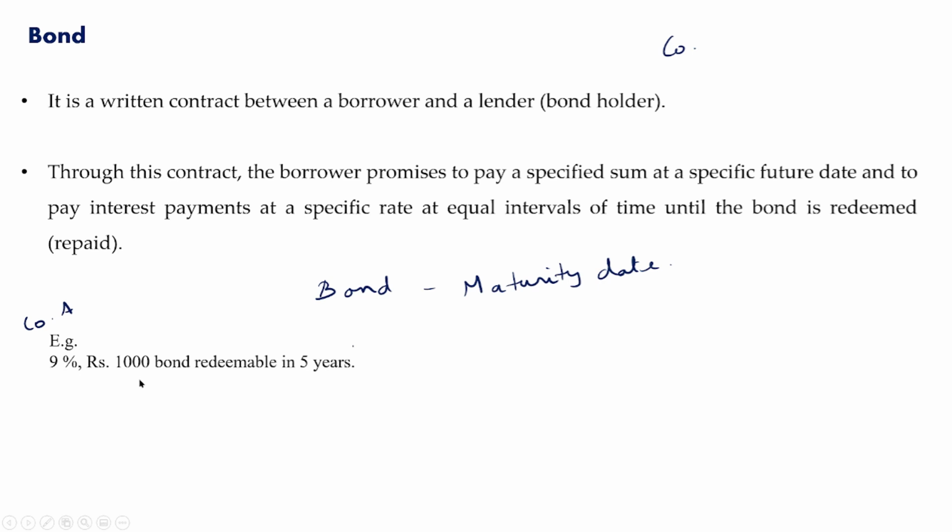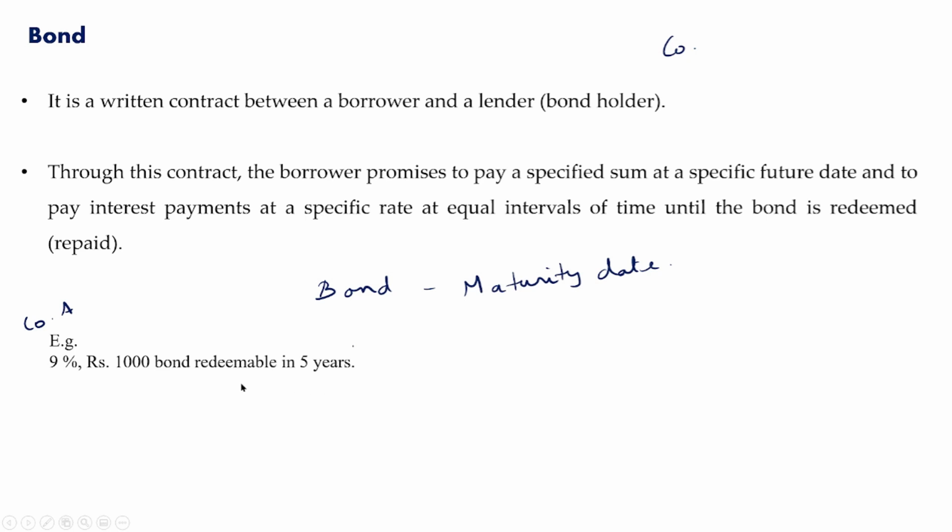An investor who is interested can buy this bond and become the bond holder. Since this bond is redeemable in 5 years, the company has to repay this 1000 rupees at the end of 5 years.